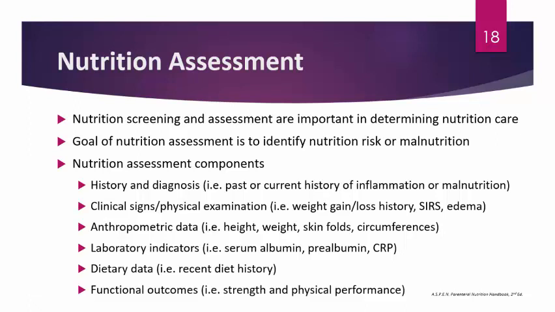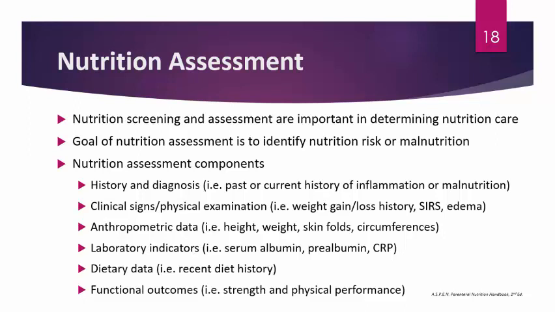So in general, nutrition assessment and screening are important in determining nutrition care. And the goal of nutrition assessment is to identify nutrition risk or malnutrition. And essentially, the nutritional assessment components are what we listed previously as history, clinical signs of physical exam, anthropometric data, laboratory indicators, dietary data, and functional outcomes. So we want to look at all of these things whenever we make a determination about someone's nutritional status.